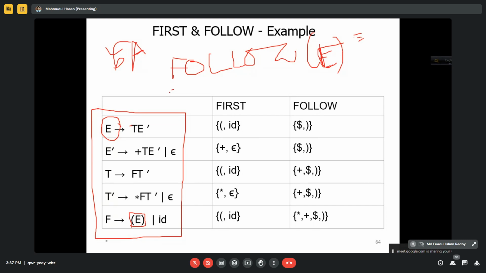That's why dollar is the follow value of E. That means if you are trying to find the follow of the start symbol, dollar is the default follow value. This is true for all cases. So the start symbol is E, that's why the follow value of E is dollar, and this one is a rule. Okay, everyone.